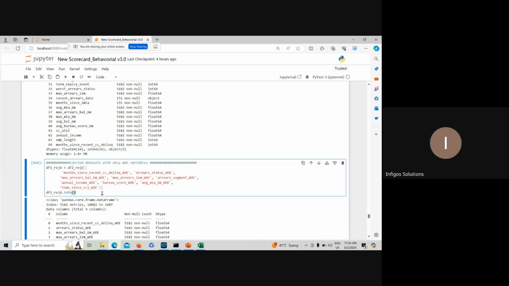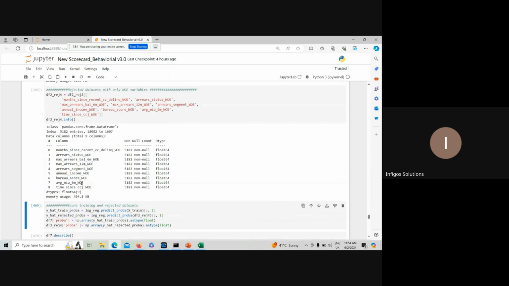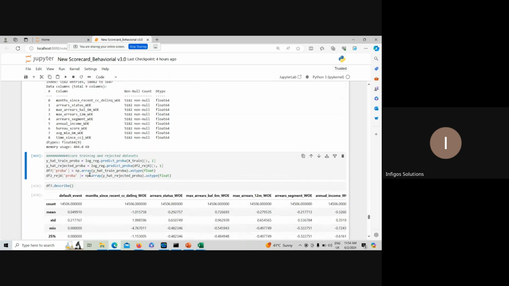In another one, we will put the new variables. These are new variables. Now we will assign the probability to the rejected data using this particular function, which means assigning probability to the training data, and assigning probability to the rejected data.